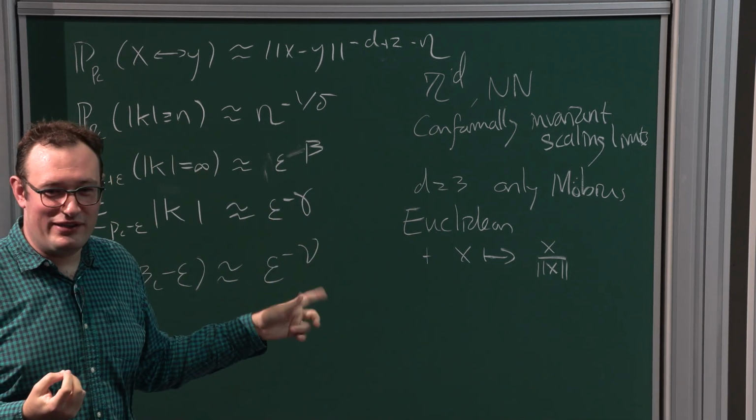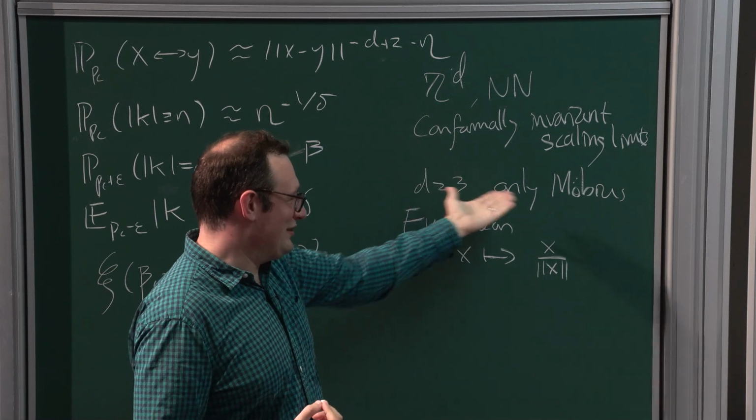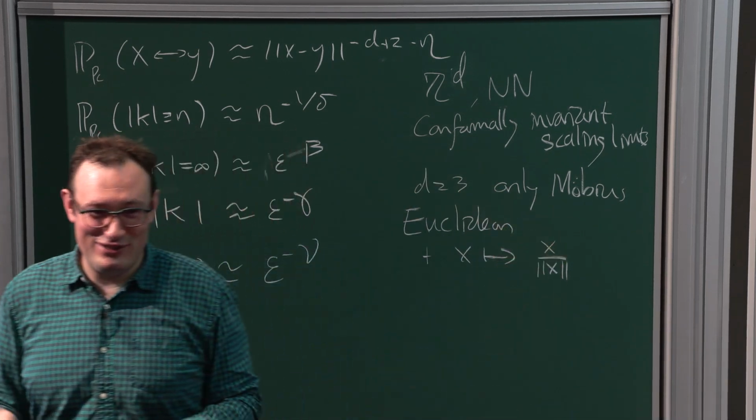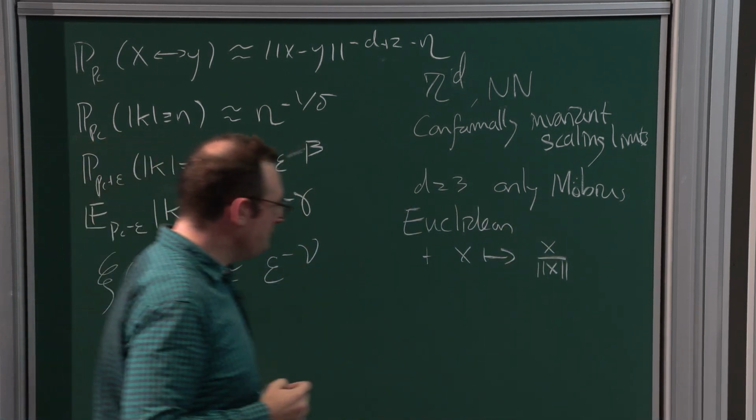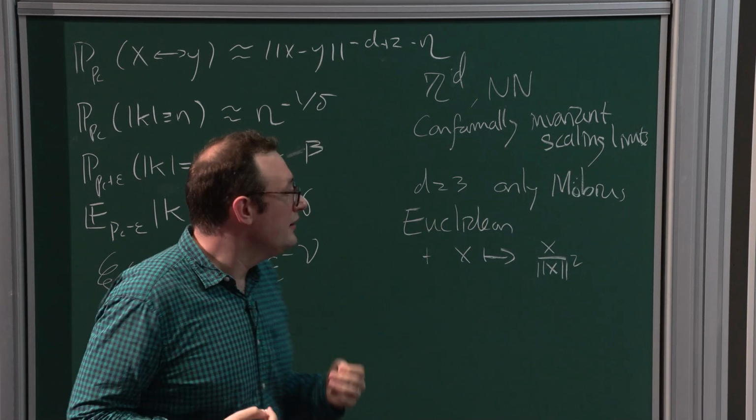Maybe I'm supposed to include a minus there to make it orientation preserving, but in any case, you also have invariance under the anti-Mobius transformation, so let's not worry about it too much. Okay. Yes. Thanks. Okay.